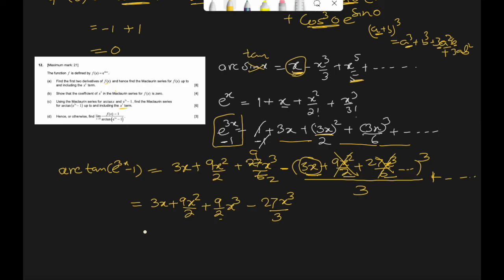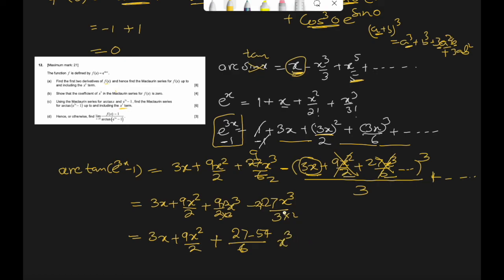Let's see if we can combine some of them. Only these two are cubes, so it will be 3x plus 9x square over 2, and these two can be times 3 here, times 3 here, 2 and 2. So it comes out to be 6 here, plus or minus, I don't know yet. Okay, let me write here plus. 9 times 3 is 27 minus 54 plus x cube.